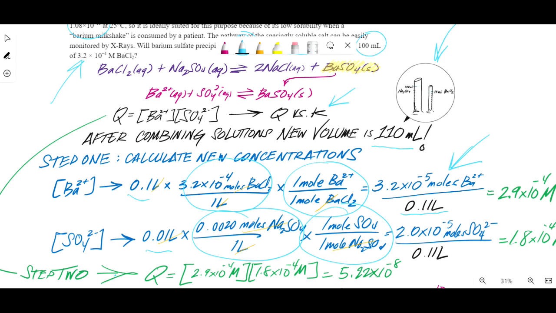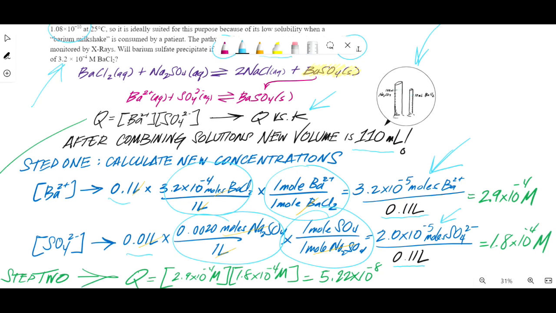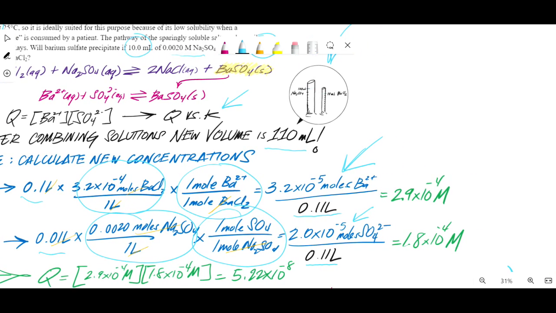For the sulfate, I got this number when I did the calculation, and that's moles of the sulfate. Again, I have to divide that by the new volume, the combination of the two solutions. So I'm taking the 110 mLs and moving the decimal 3 places to the left and getting 0.11 liters. Now when you put these numbers into your calculator, you should get these two answers.